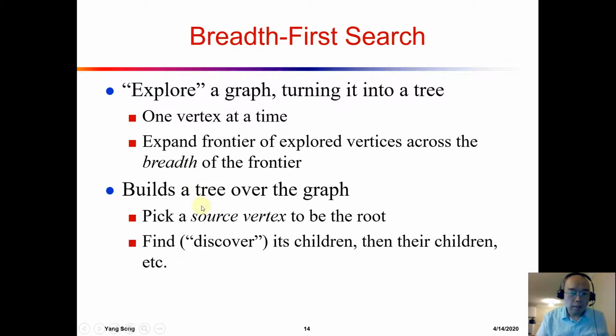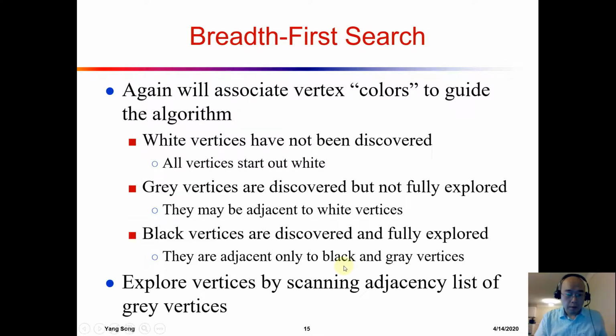Okay, so build a tree over a graph. We have to pick a source vertex, and that will be the root. So we are specifying which vertex we are going to take as the root. So when we are doing the breadth first search, the strategy is to associate each of the vertices with a color.